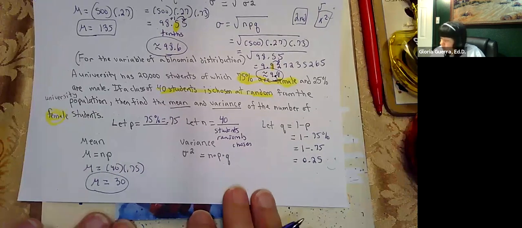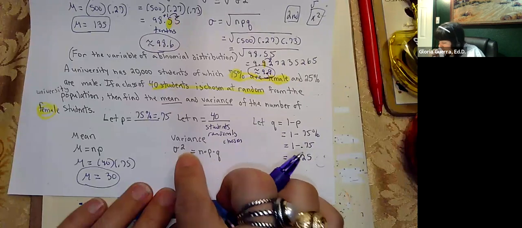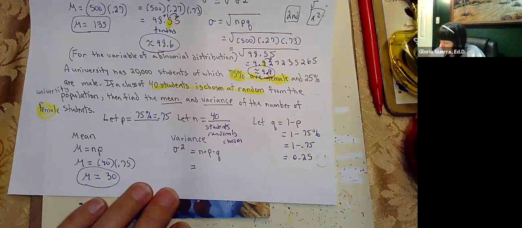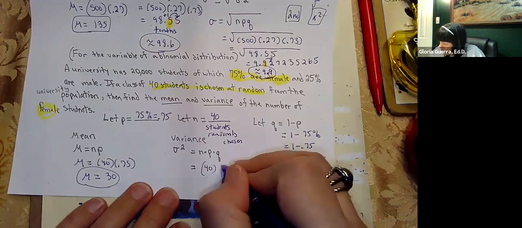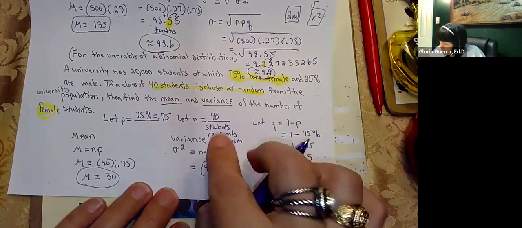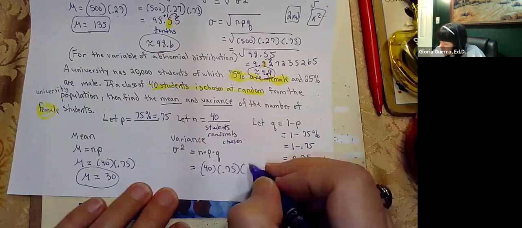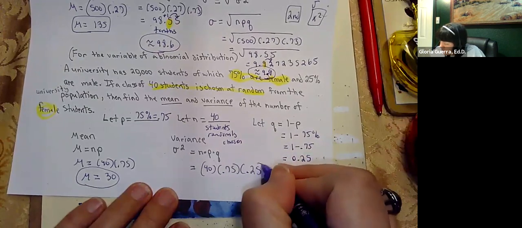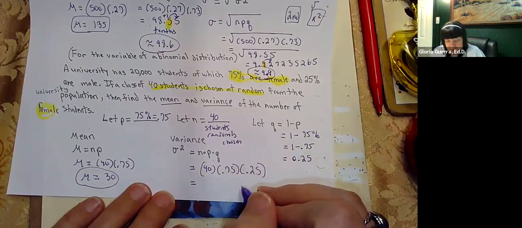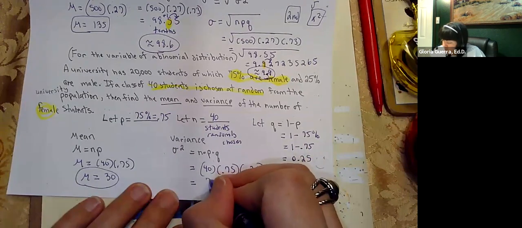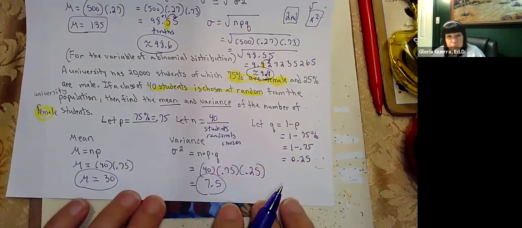Okay, and then this one, variance. Unit squared for variance. So N is 40, P is 0.75, Q is 0.25. So when you multiply 40 times 0.75 times 0.25, you should get 7.5 on your calculator.